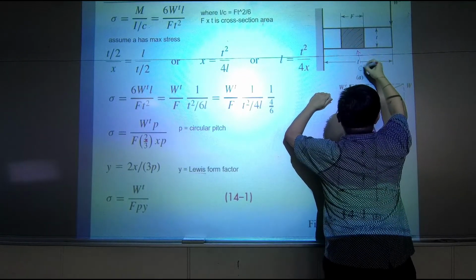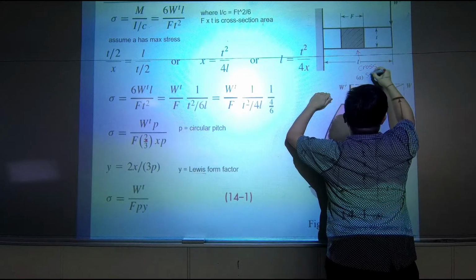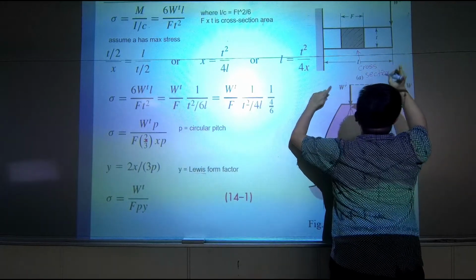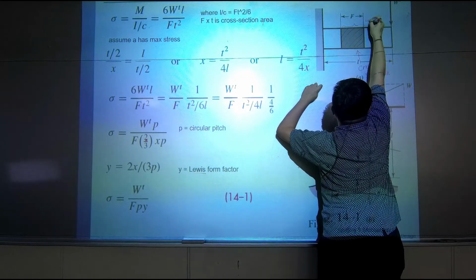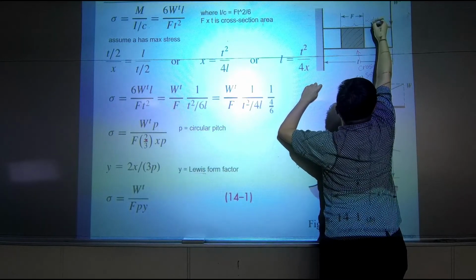Okay, so when you see a figure like this and you see something being drawn like that, this is the cross section. It's just trying to tell you this is the width of the face.